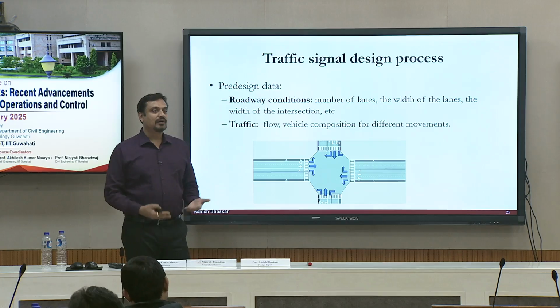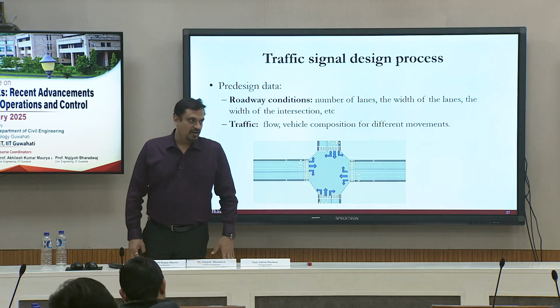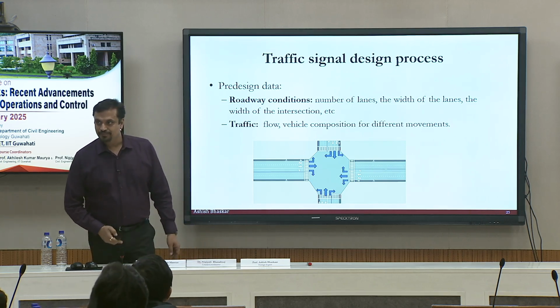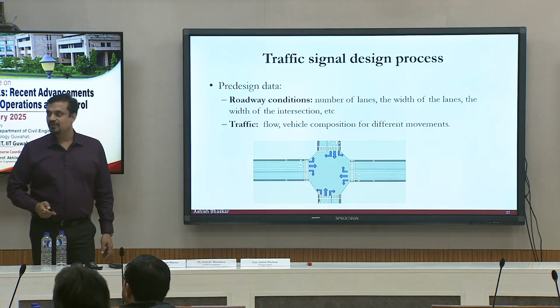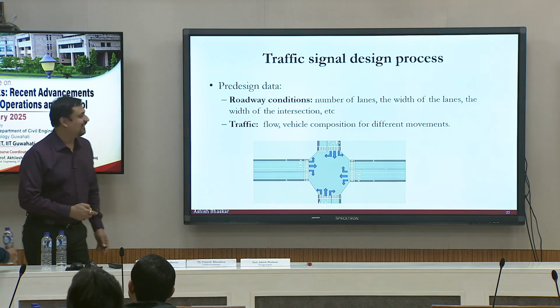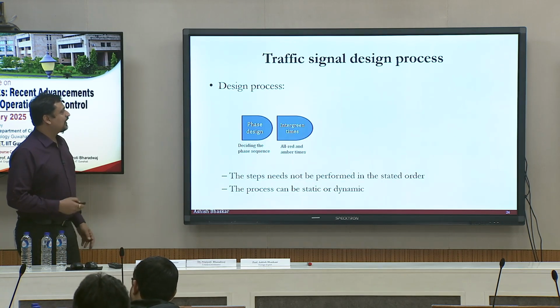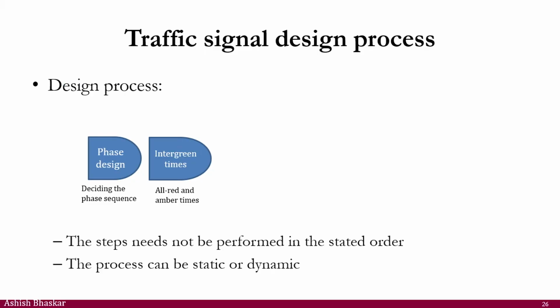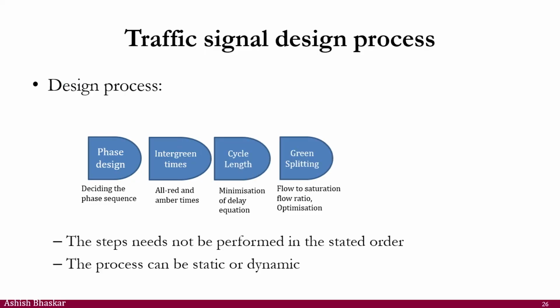You can know the critical volume to saturation flow rate ratio. So the design process is: decide the phase sequence, identify the intergreen time, estimate the cycle length, and do the green splitting.